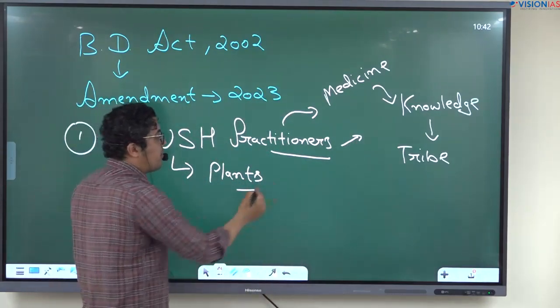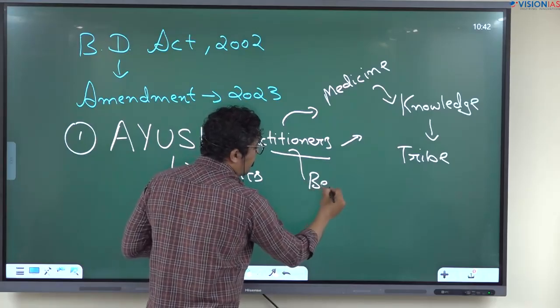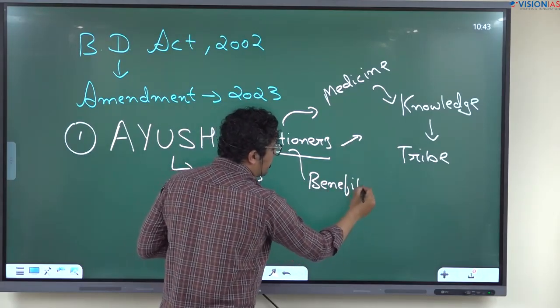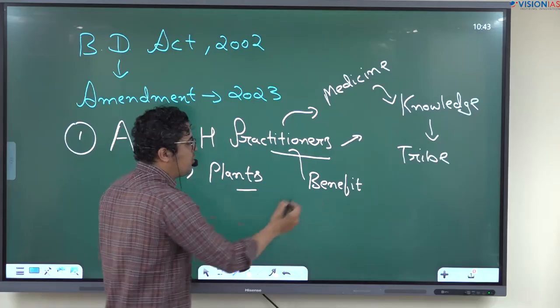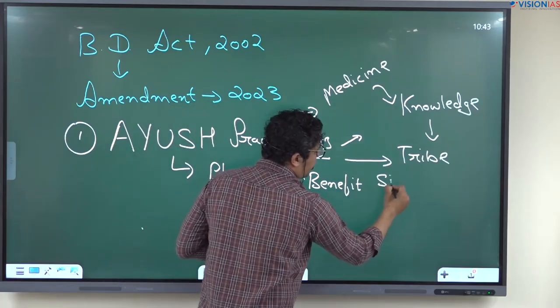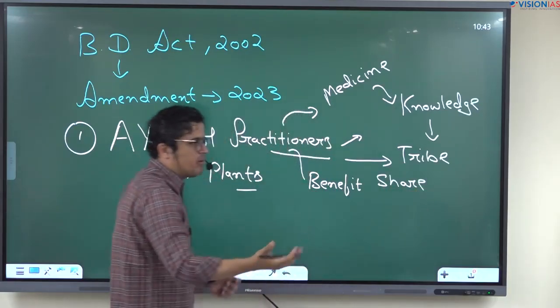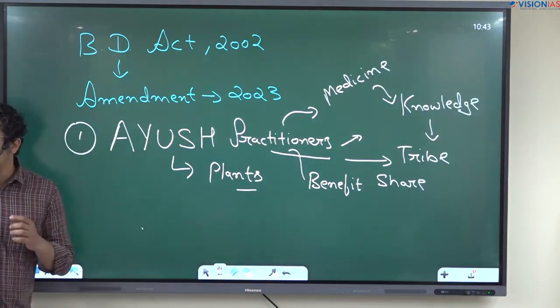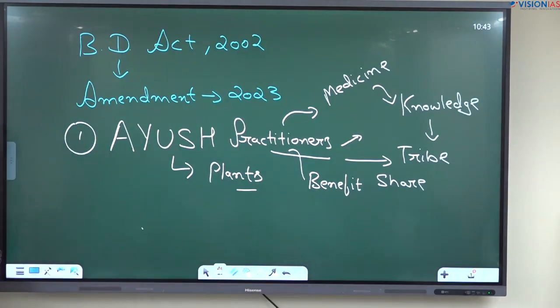So whatever benefit he earns, whatever money he earns, he should share with the people, because this person is using the knowledge of the tribe, making a medicine, making a formula and earning profit.